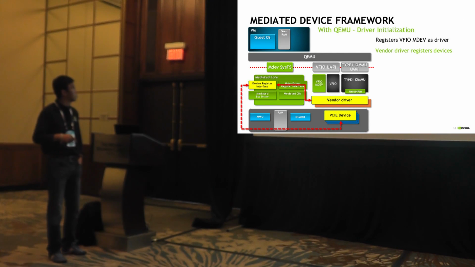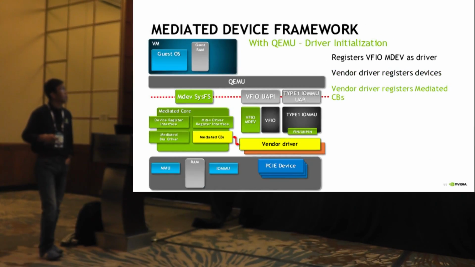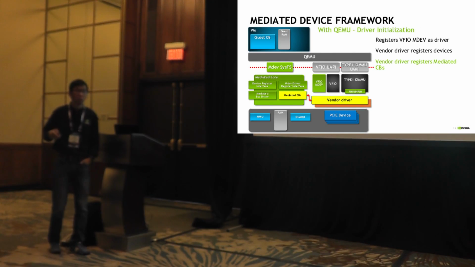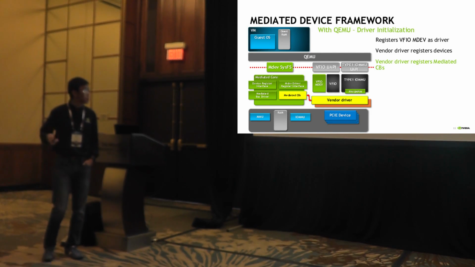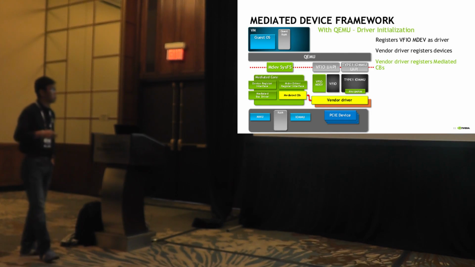Right? So it's the vendor driver that registers through this interface. And then the vendor driver will register the mediated callbacks. As I said before, we rely on the vendor driver to provide the I/O sharing. So there will be several callbacks we need the vendor drivers to register here.